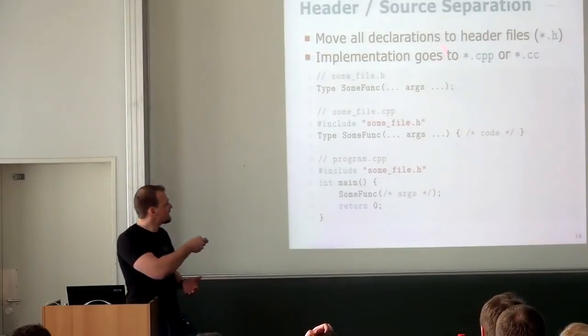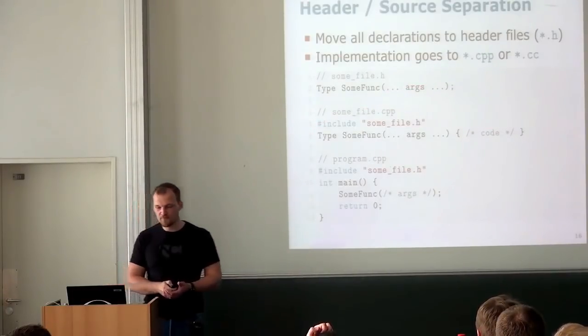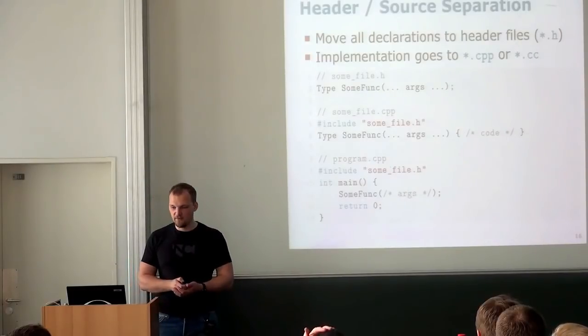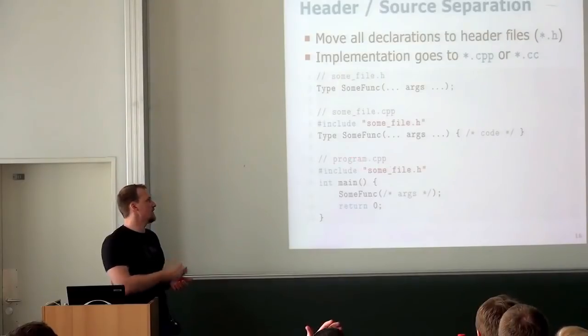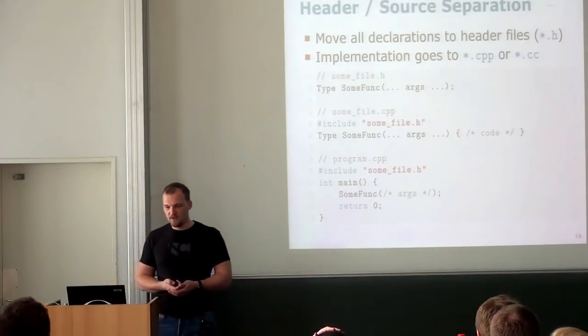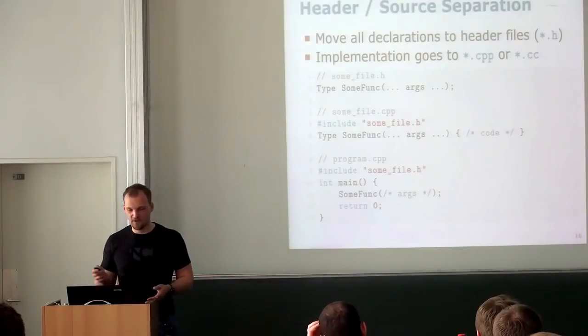So you put this into this header file, you put this into a CPP file, and you use it in some other CPP file called program. Does it make sense? Okay, everybody on the same page? Okay, good.